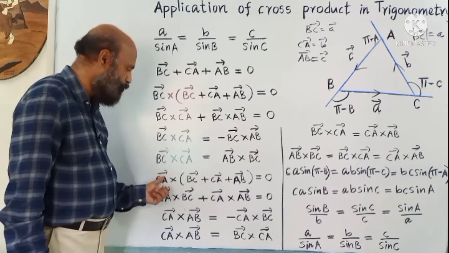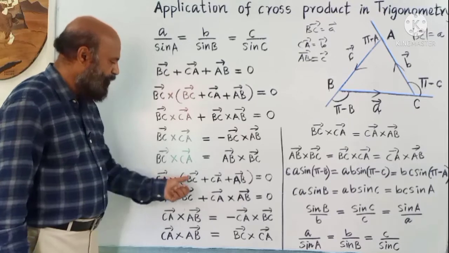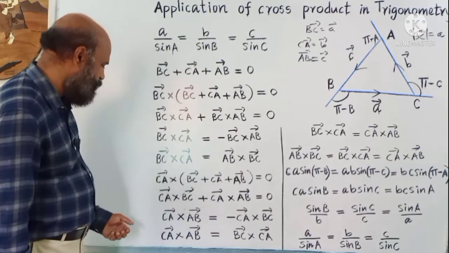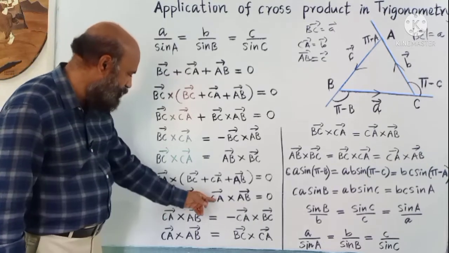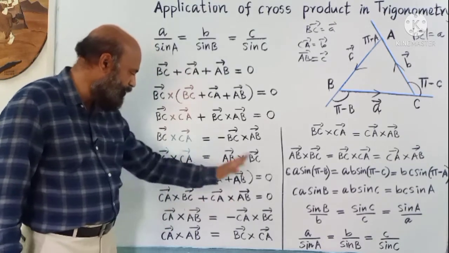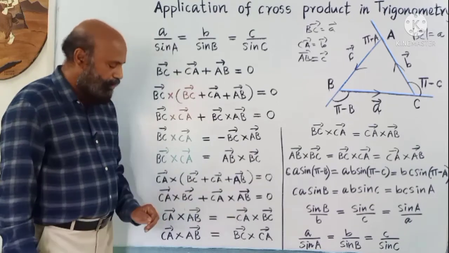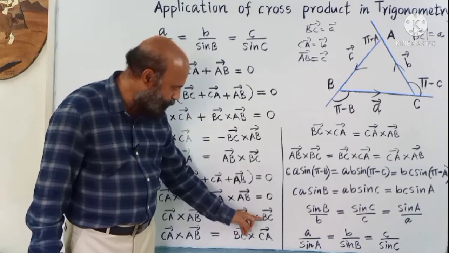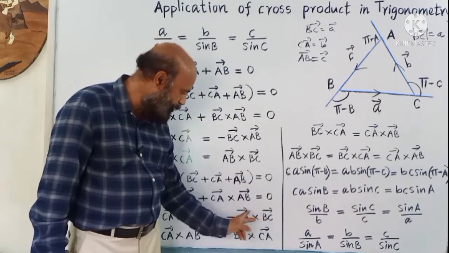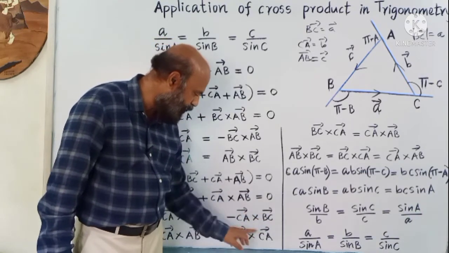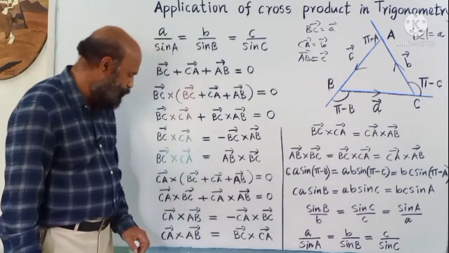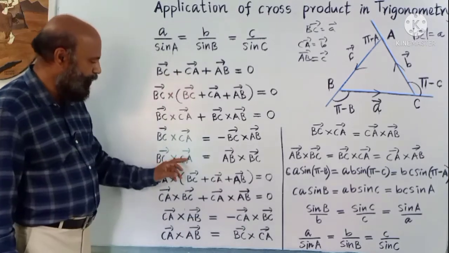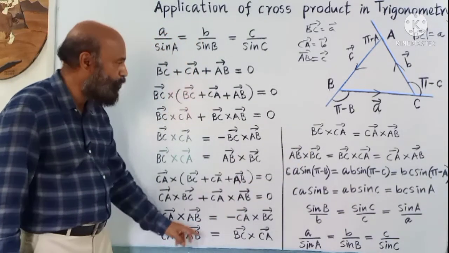Next, CA vector cross AB is equal to 0. Now CA cross BC, you take to the other side, so it will become minus. But cross product is anti-commutative, so minus CA cross BC becomes plus BC vector cross CA. So you are getting BC cross CA again. So BC cross CA is CA cross AB.